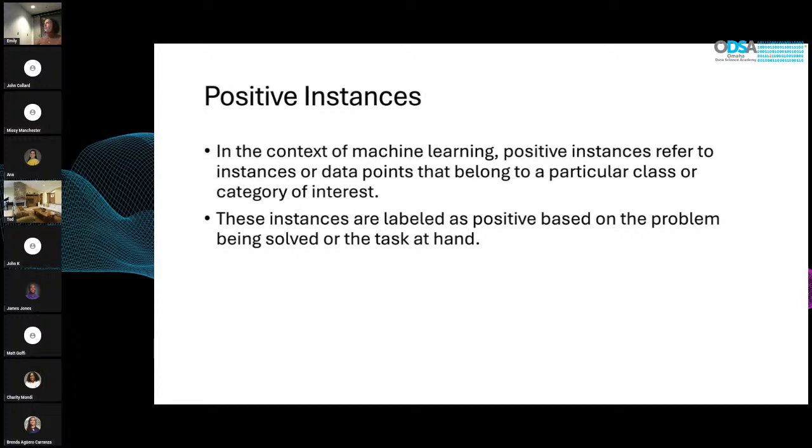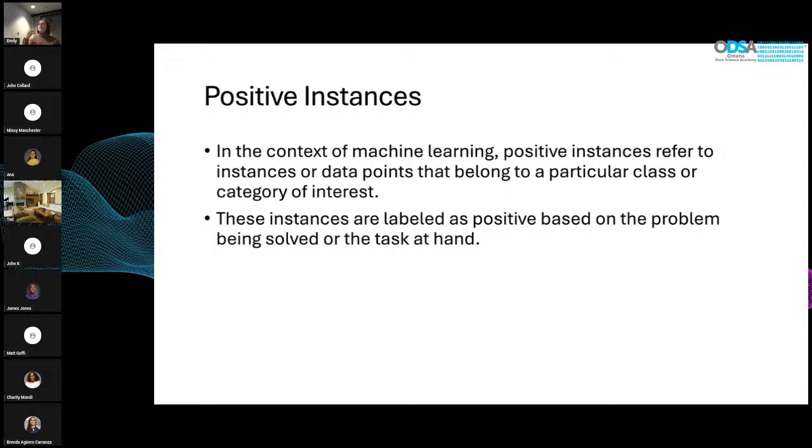Another terminology thing that we're going to talk about constantly throughout this class, at least in terms of classification metrics, is positive instances. In the context of ML, a positive instance is an instance where the data point belongs to the category of interest. If we're predicting fraud, 1 would be it was fraud. Usually if you have a data set about fraud with 0 and 1 labels, you don't label your fraud instances as 0.